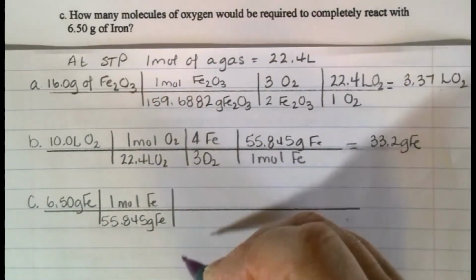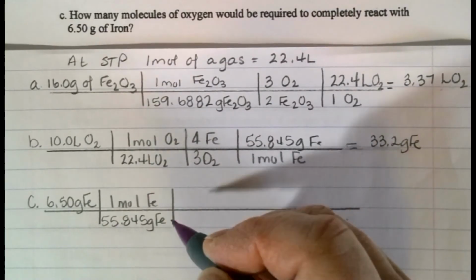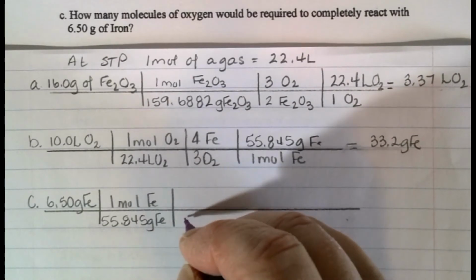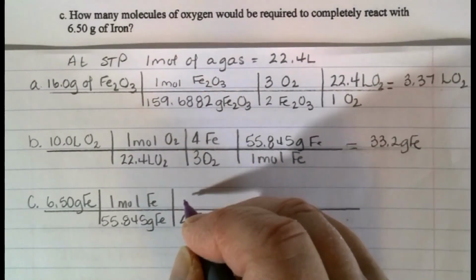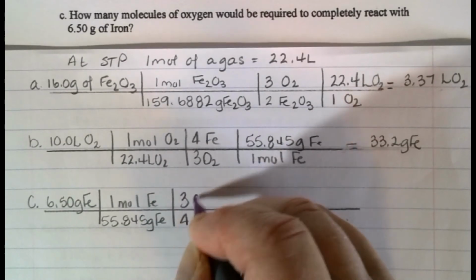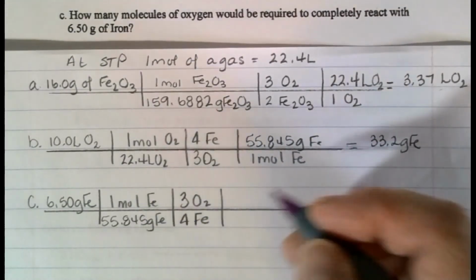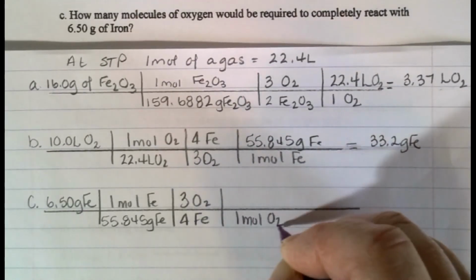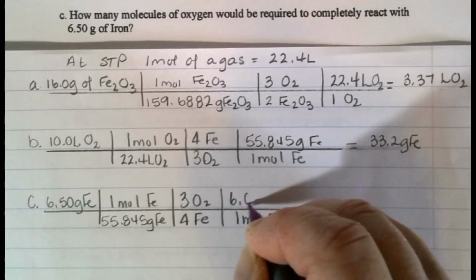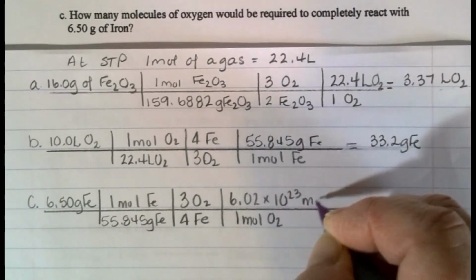And now I can go straight to the balanced equation. Looking up at your equation, you can see that 4 moles of iron need 3 moles of oxygen. So there we are. And we know that 1 mole of oxygen contains 6.02 times 10 to the 23rd molecules.